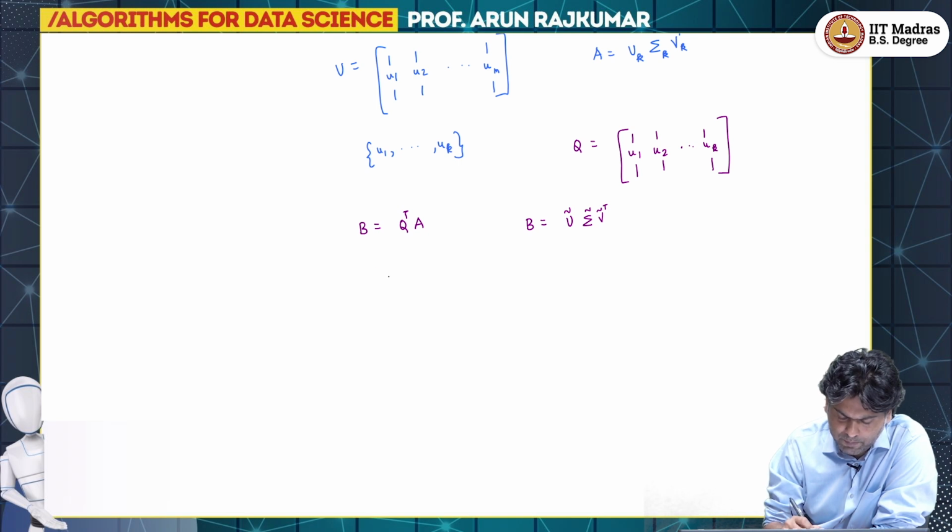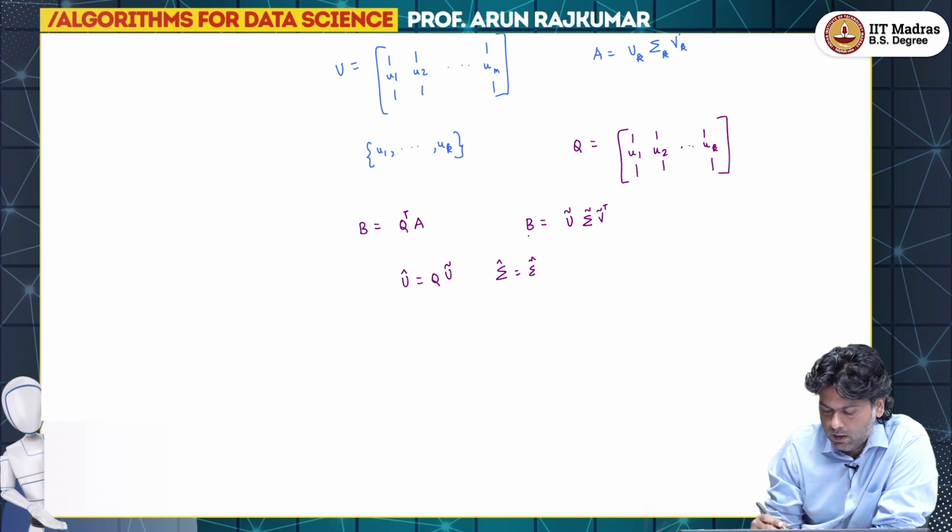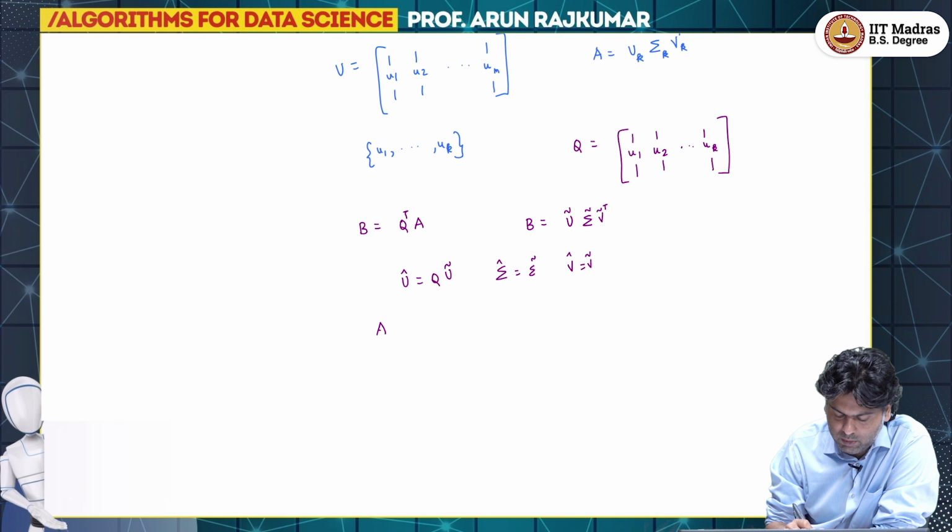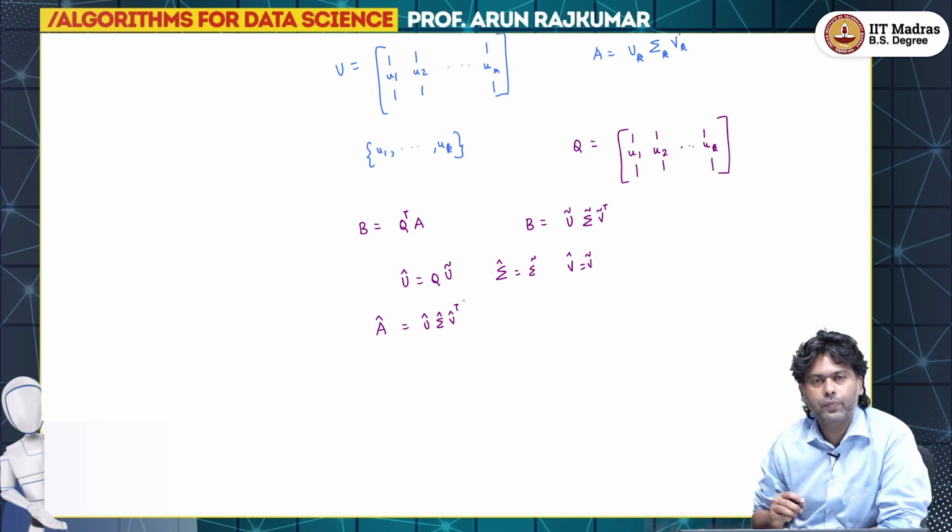So once we have done this, we would set the approximate U, which is U hat, as Q times U tilde, and sigma hat as just sigma tilde, and V hat as just V tilde, and what we will get is an approximation A hat for A, which is just U hat sigma hat V hat transpose.